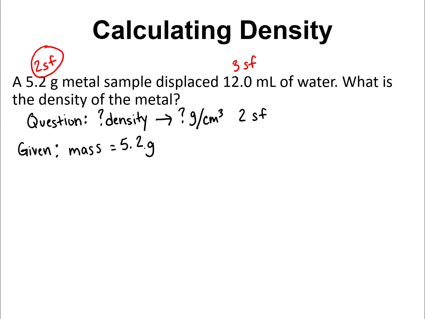We know that the mass is 5.2 grams, and the volume of water displaced by this sample was 12 milliliters. What that means is the volume of our solid is also 12. It's just that we customarily use centimeters cubed to talk about the volume of a solid.